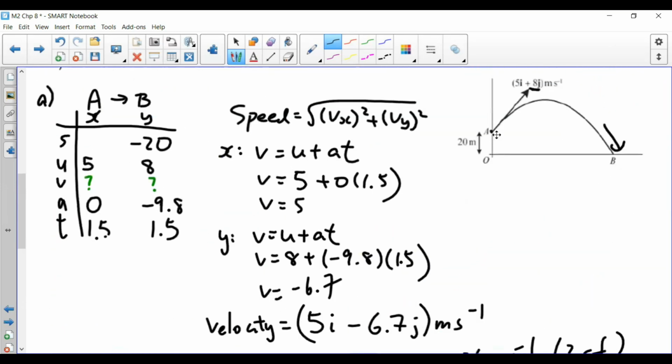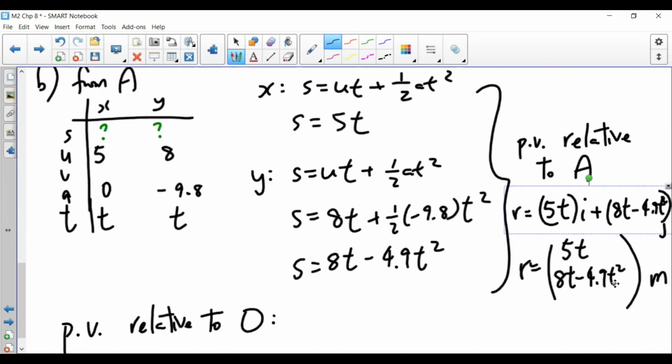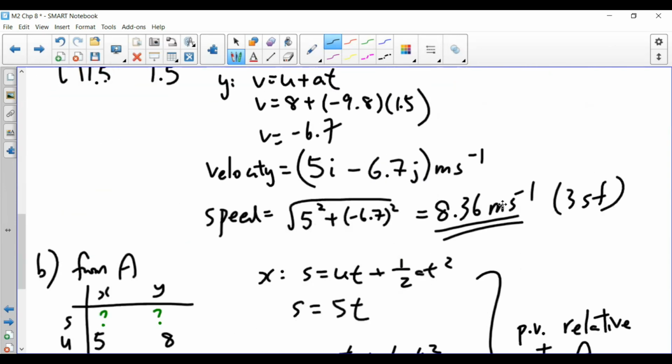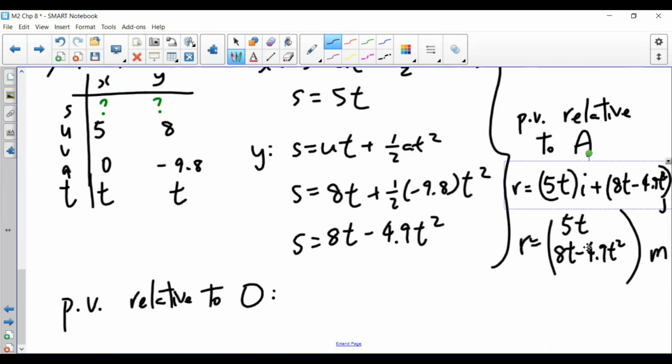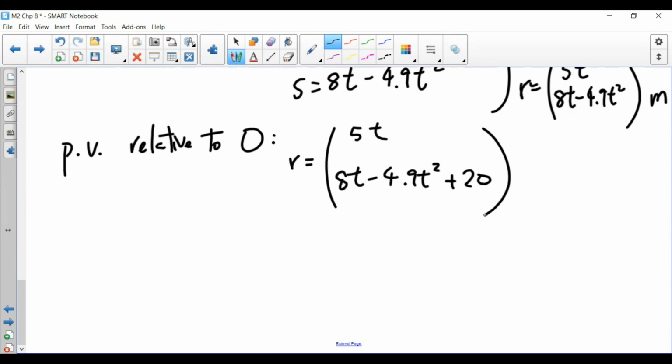Same thing here. Relative to A is 5t, 8t minus 4.9 t squared. Relative to O, that means we have to add 20 meters because A was 20 meters above O to begin with. So relative to O will be R equals 5t and 8t minus 4.9 t squared plus 20.